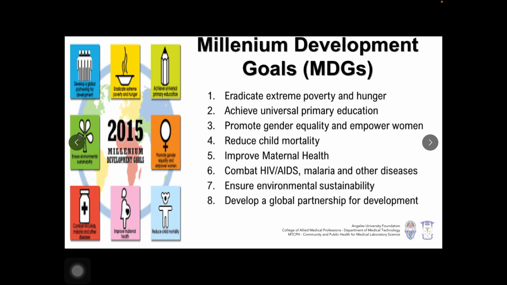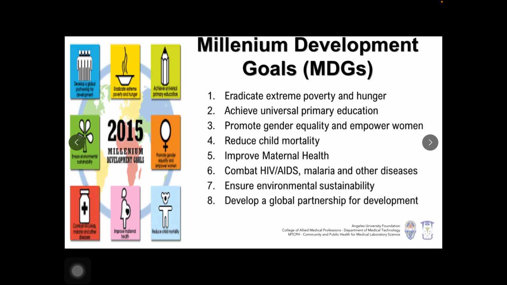Goal 5, to improve maternal health, the maternal mortality ratio was reduced by 3/4. To reduce maternal deaths, women need access to good quality reproductive health care and effective interventions. Hence, the universal access to reproductive health was achieved in 2015.